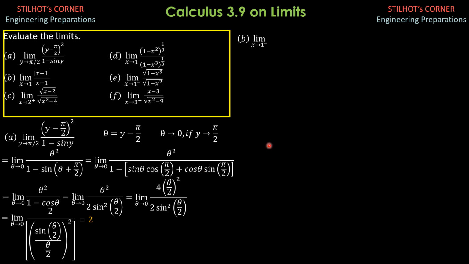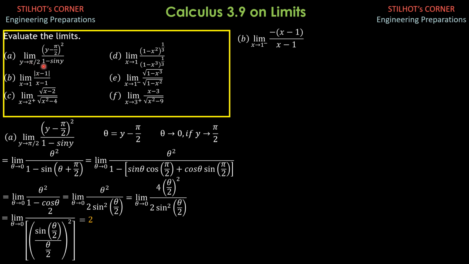B. The limit as x approaches 1 of the absolute value of x minus 1 over x minus 1. As x approaches 1 from the left, like 0.99999, the value inside the absolute value bars would be negative.